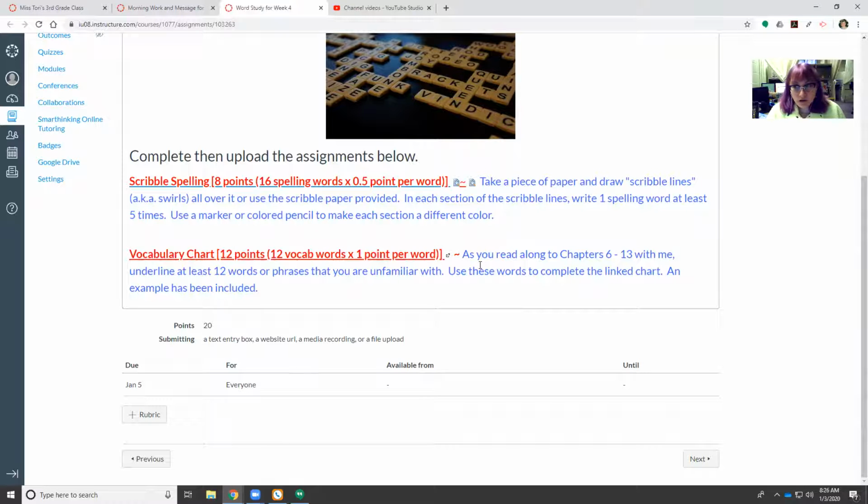As you read along, which you all should be, except for this last chapter, caught up on your Penny from Heaven reading, you're going to underline at least 12 words or phrases that you're not familiar with, and then use those words to complete the chart.